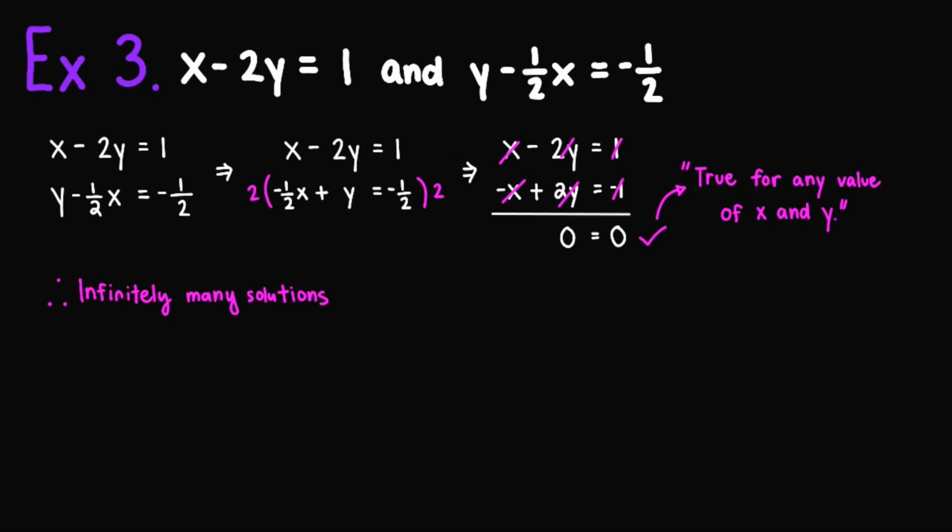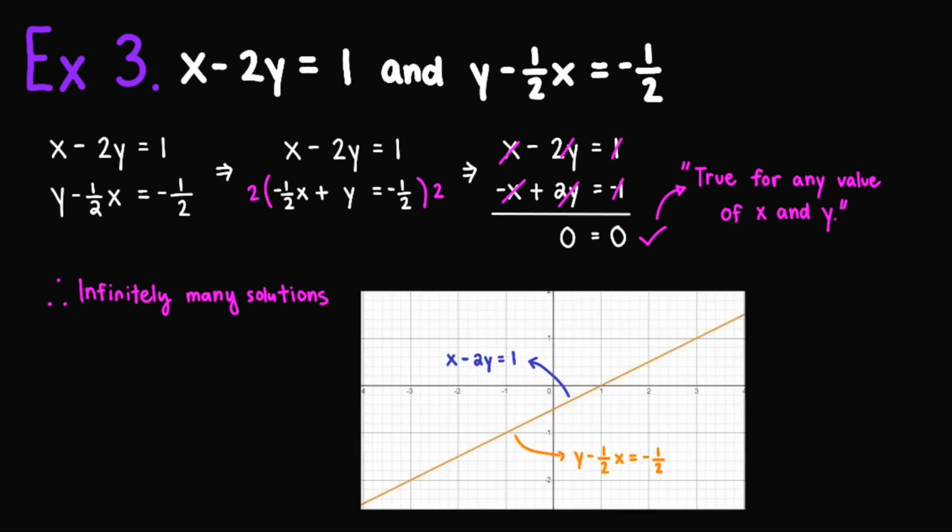And indeed, if we show its graph, although it's not that easy to see, the two lines are actually overlapping one another or coinciding one another. And we know that when that happens, the two lines intersect everywhere or intersect at every point possible. So, indeed, the answer for this linear system is infinitely many solutions.